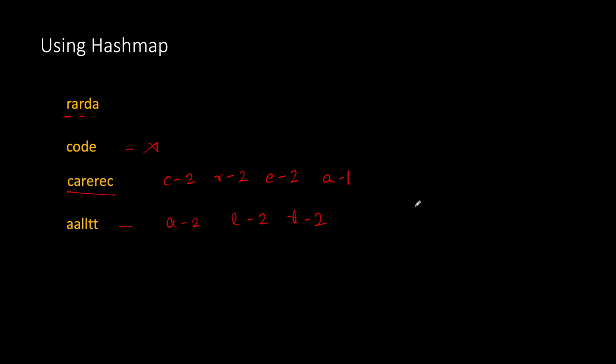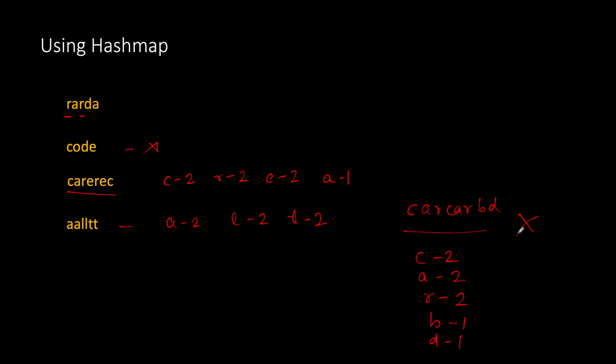If we take an example where more than one element is present an odd number of times, then it cannot form a palindrome. For example, CAR, CAR, B, D. Here C is present 2 times, A is present 2 times, R is present 2 times, B is present 1 time, and D is present 1 time.